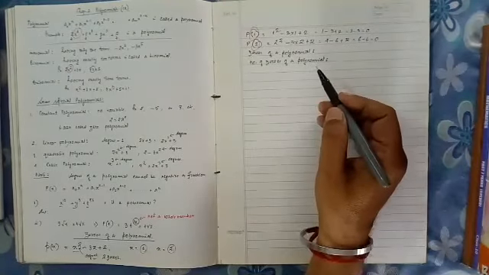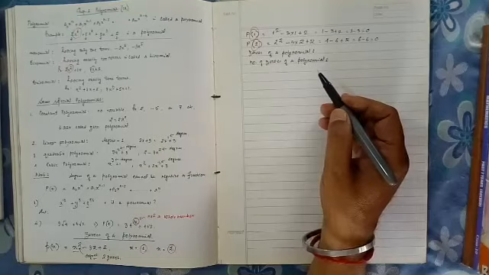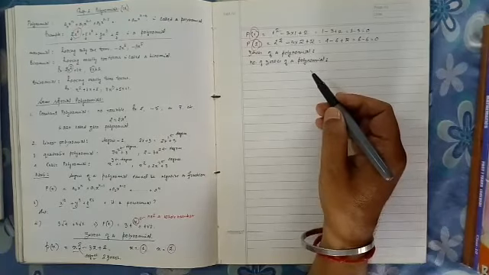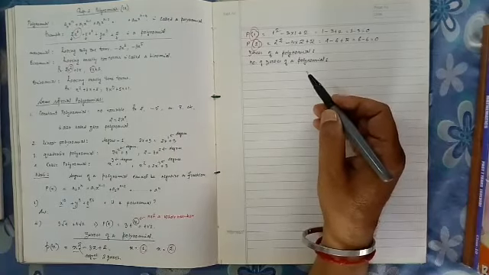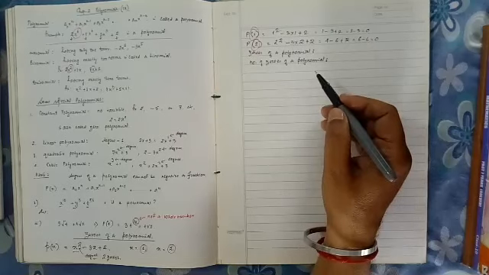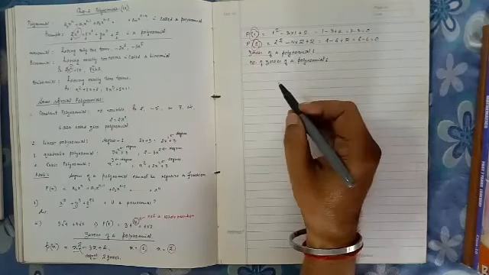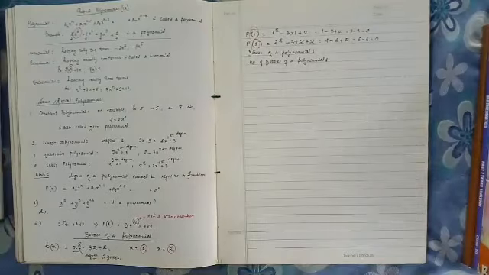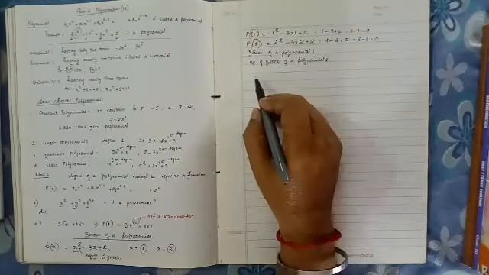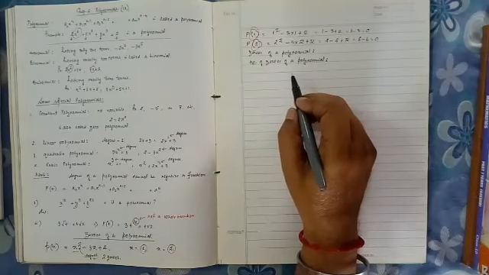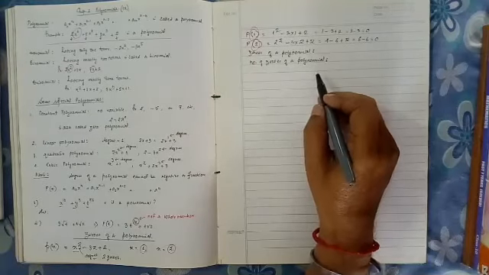How to find the zeros of the polynomial? Zeros of the polynomial can be determined by the factorization method.